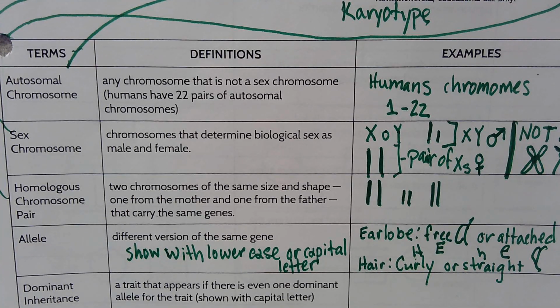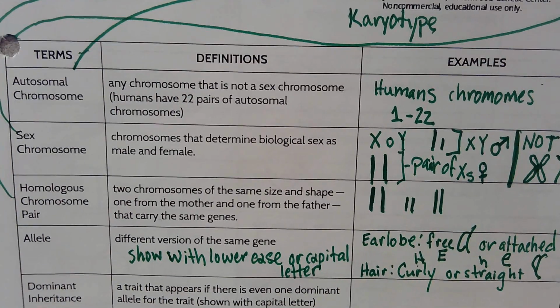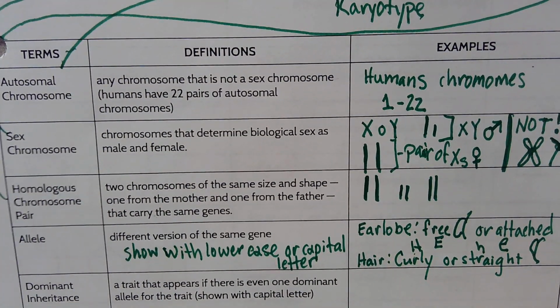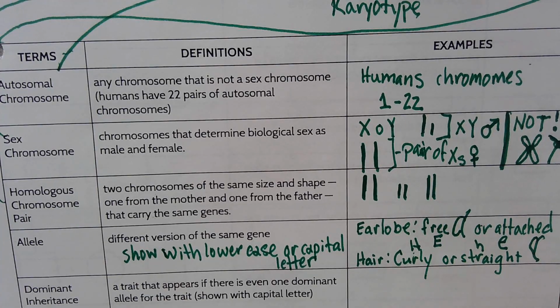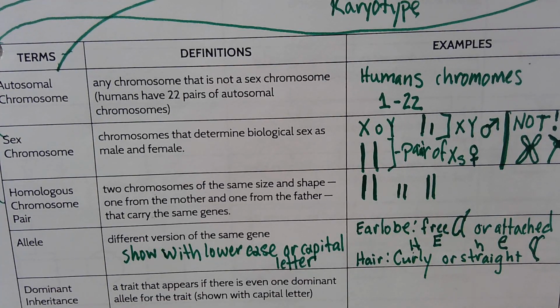All right. So the next one is dominant. What that means is that it appears even if there is only one dominant allele for that.